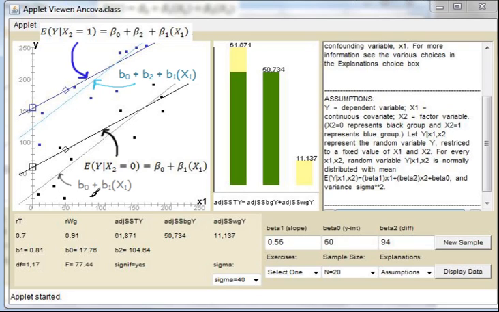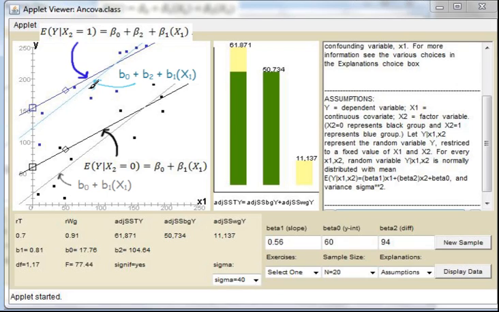So we approximate beta 0 with estimate b0 and beta 1 with estimate b1, and we get this sample line, which is an approximation of our line representing the expected value of y, given x2 equals 0.